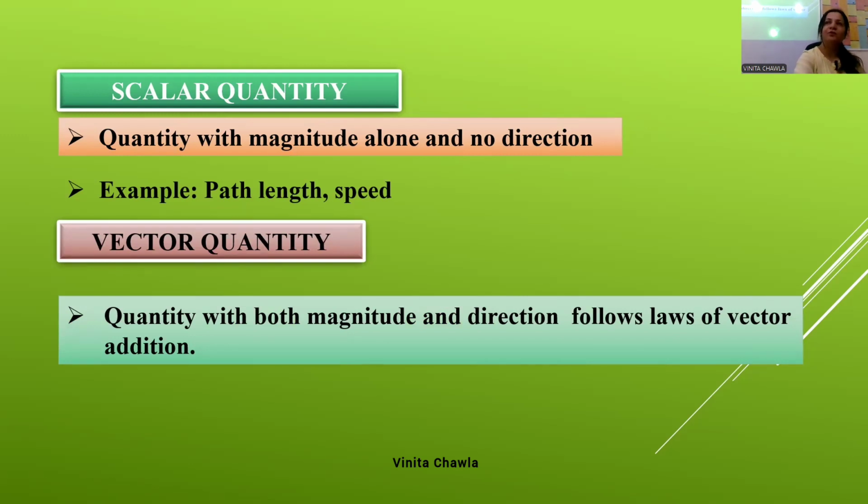That is a scalar quantity. For example, current. Electric current is a scalar quantity, though it has both magnitude as well as direction. Then why do we consider current as a scalar quantity? Because it does not follow the laws of vector addition. Okay? Clear?